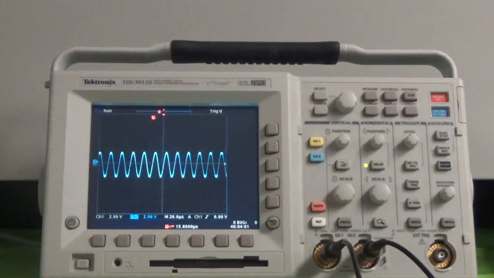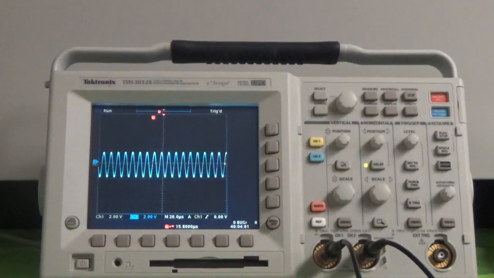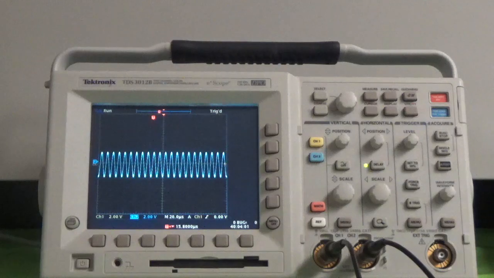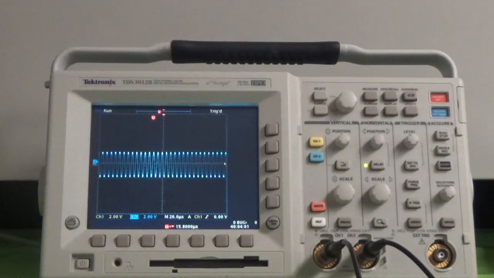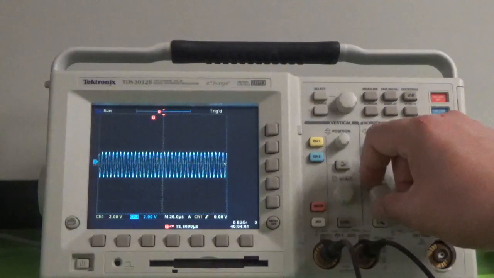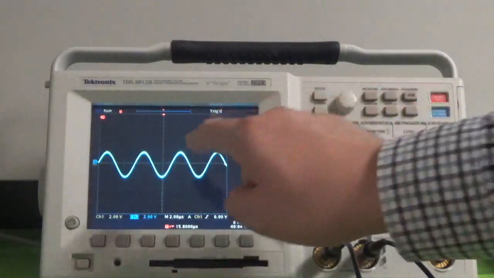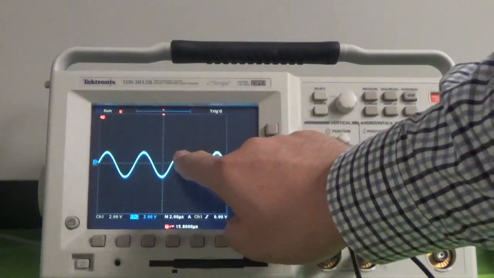Continue to increase the frequency and see what will happen. You can see that the yellow one started to increase here.